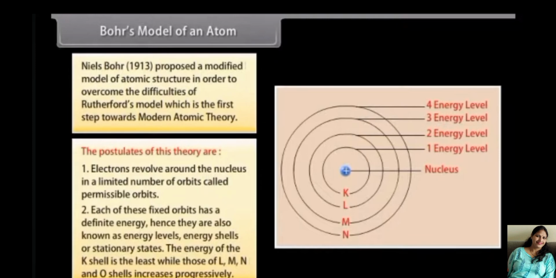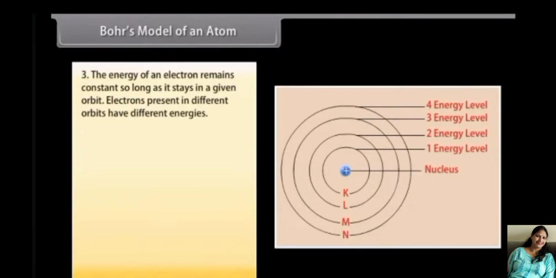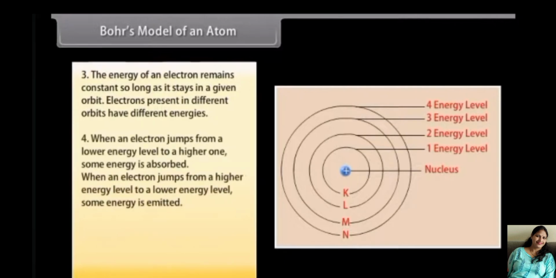Each of these fixed orbits has a definite energy, hence they are also known as energy levels or energy shells. These shells are labeled K, L, M and N. The energy of an electron remains constant so long as it stays in a given orbit. Electrons present in different orbits have different energies.